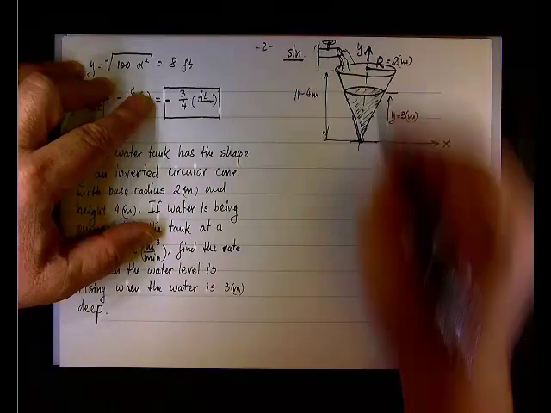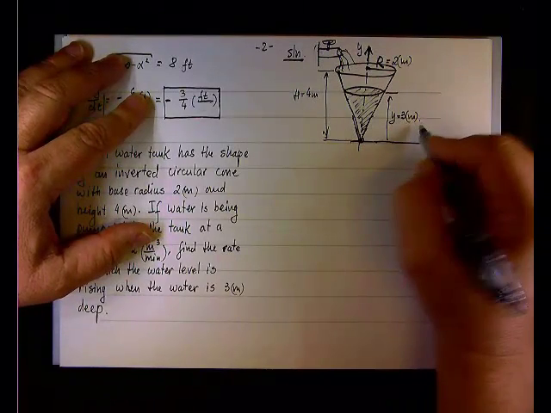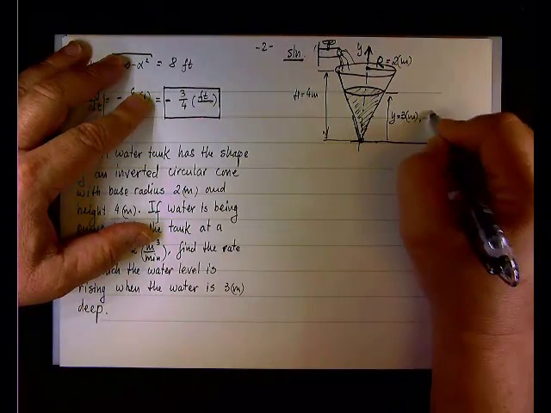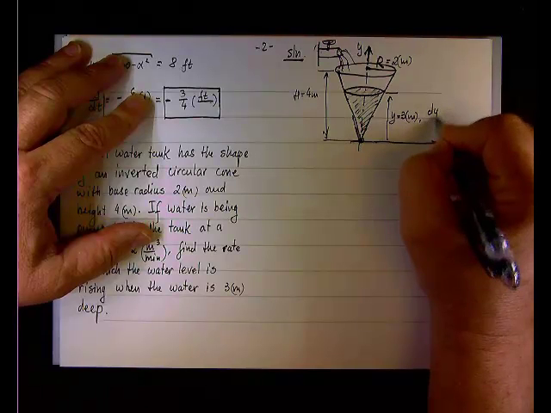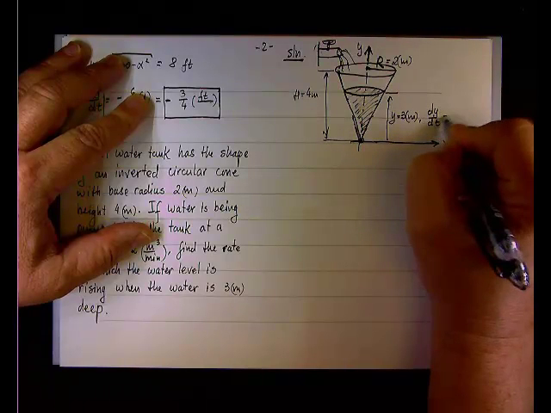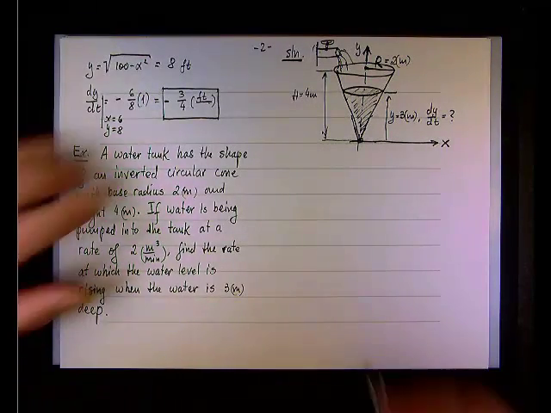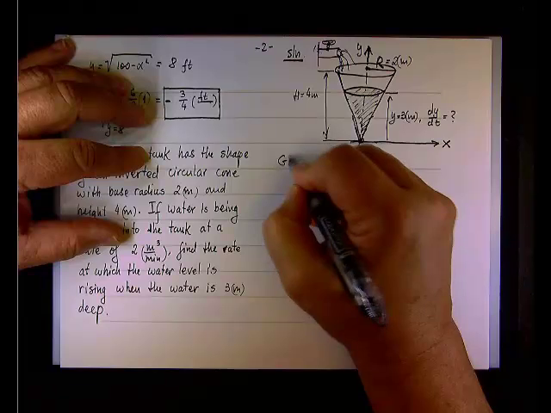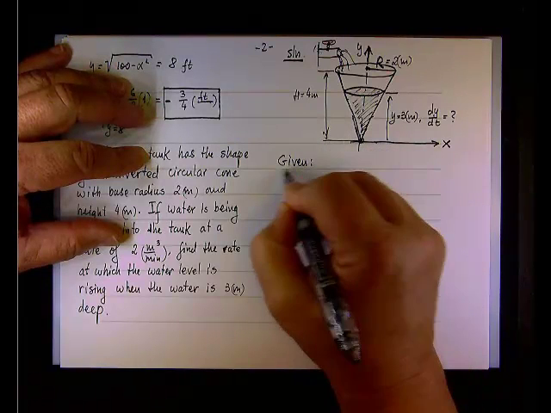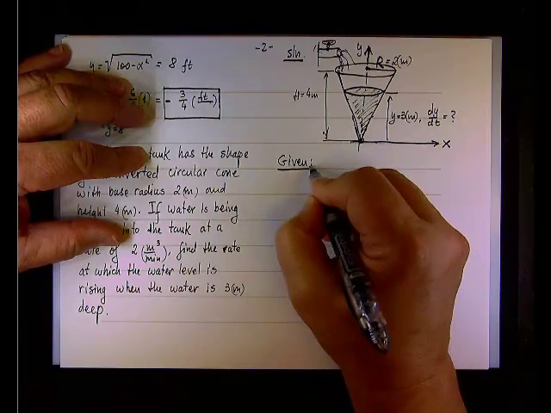And we have dV/dt, and we want to know what is dy/dt. So right here, the water level is rising at a rate of dy/dt, and this is what we need to find.